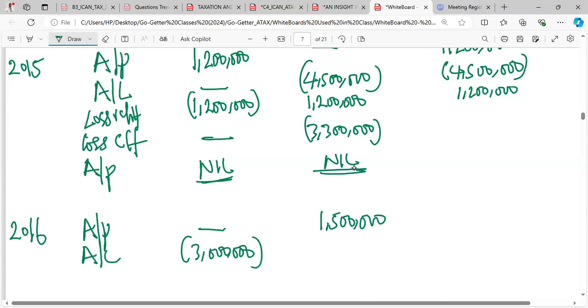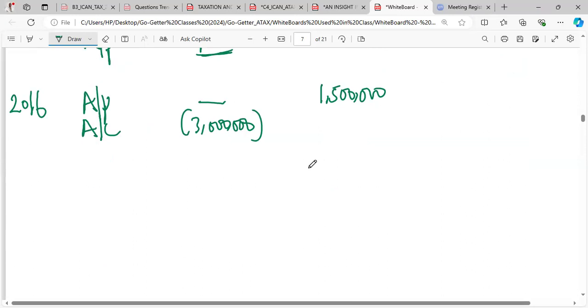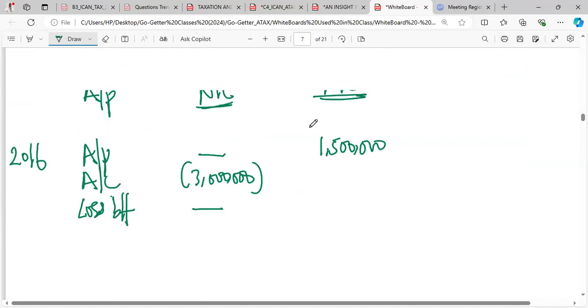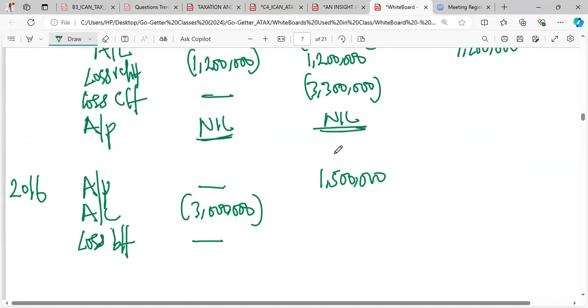So let's forget about the total. Now we have loss brought forward. Dash here, 3.3.